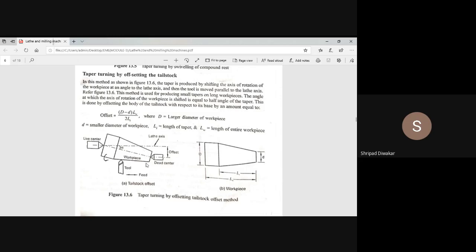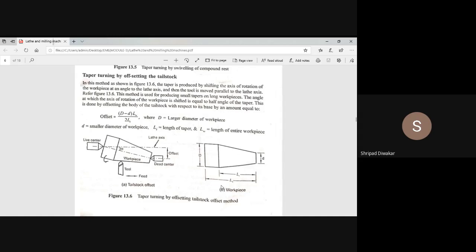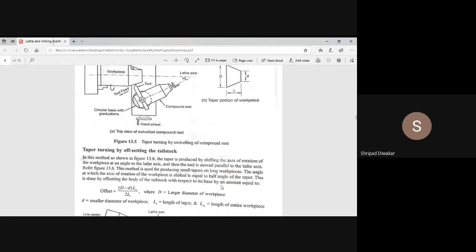This is called the offsetting tailstock method, means changing the position of the tailstock or dead center from the actual lathe axis. When you shift the position by the offset, that much angle is generated automatically and we get the required conical surface.